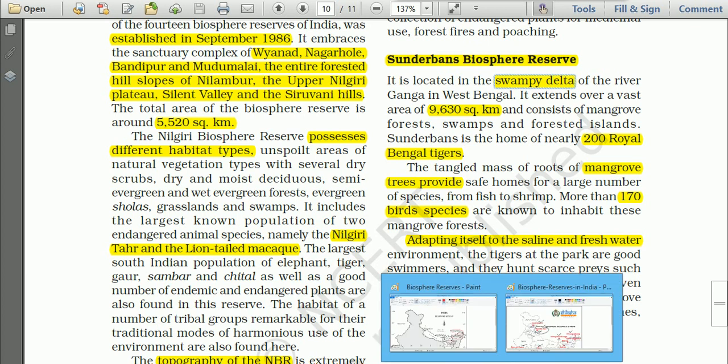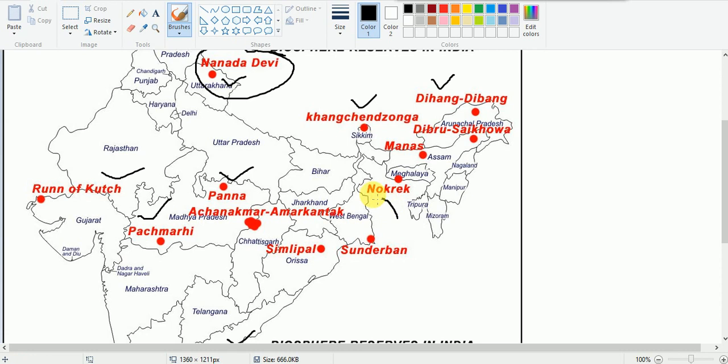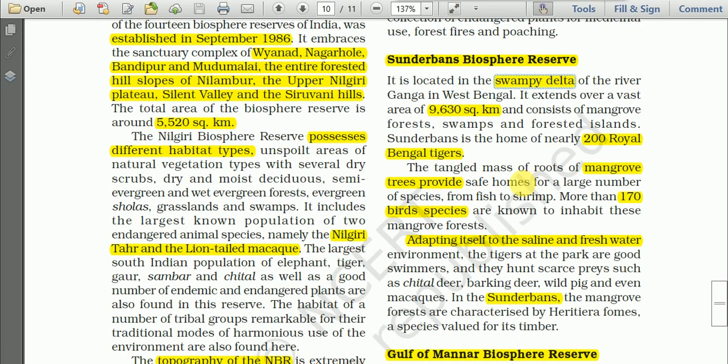Again we may look at this map. Sundarban Biosphere Reserve is here, and it extends over a vast area of 9,630 square kilometers and consists of mangrove forests, swamps, forested islands. Sundarban is the home of nearly 200 Royal Bengal tigers, as you have seen in the photograph.